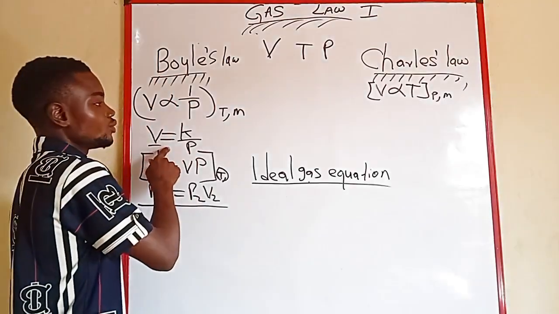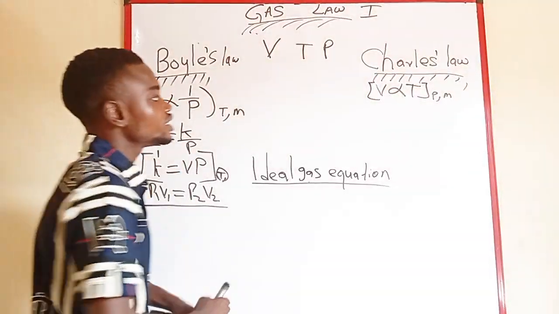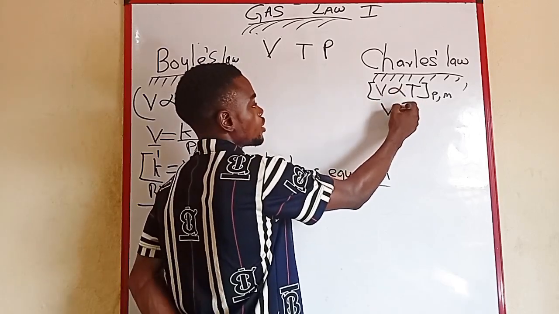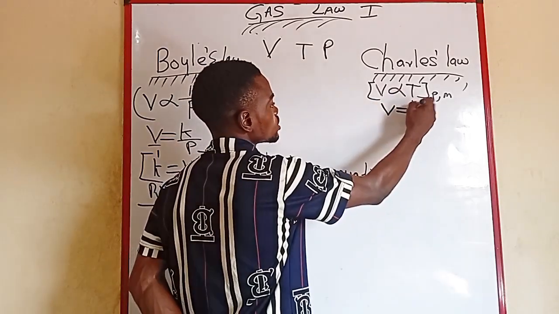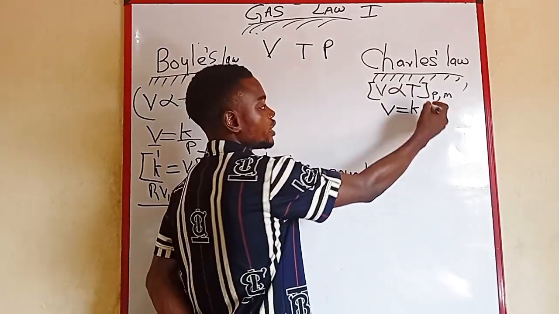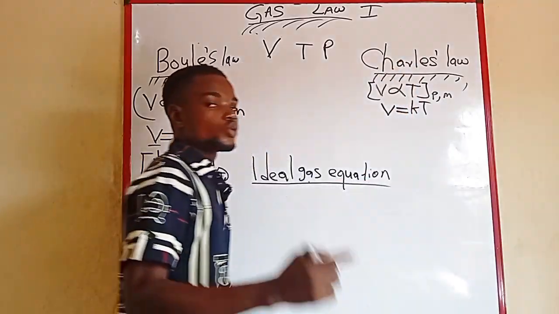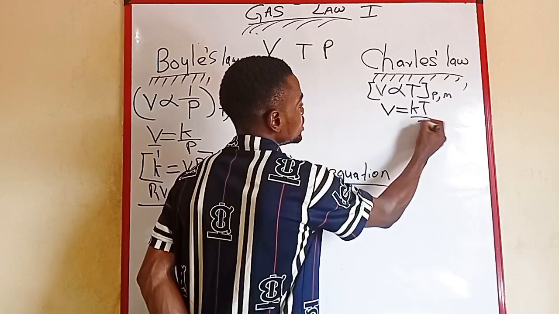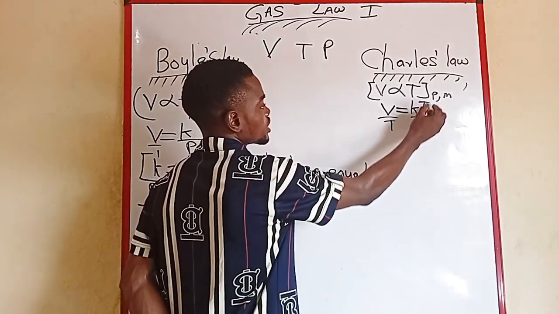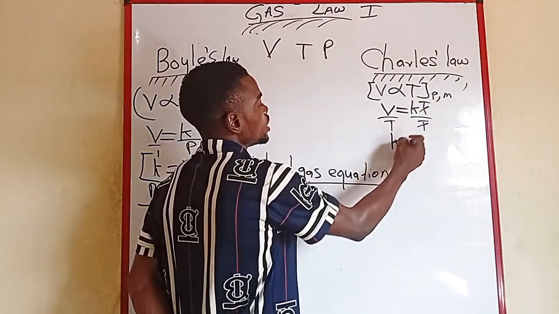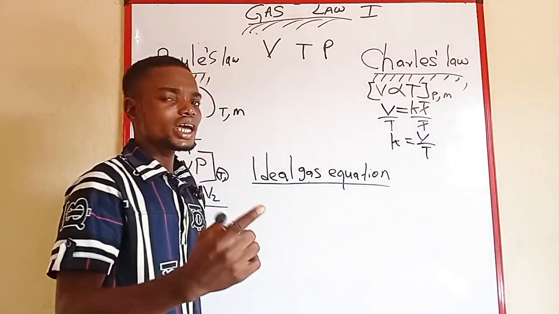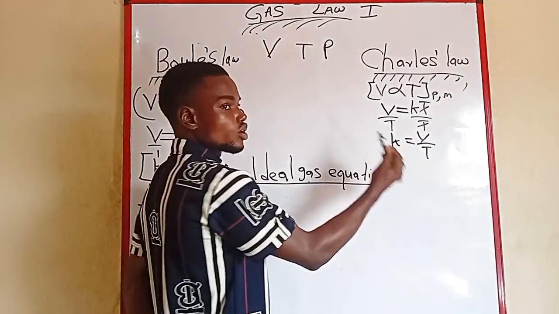Now, just like we did before, we need to find the constant of proportionality. So removing the proportionality sign, we put an equal sign with the constant. The constant is going to multiply T to give us KT. To find the value of K, we divide both sides by T so that this cancels, and we have K equals V over T. Now, this is the constant.